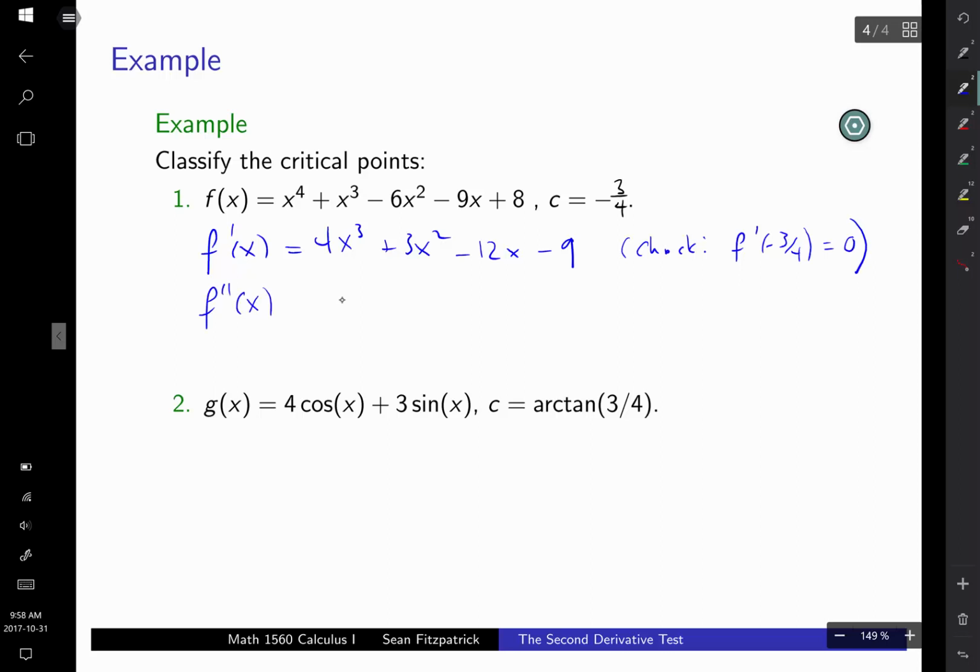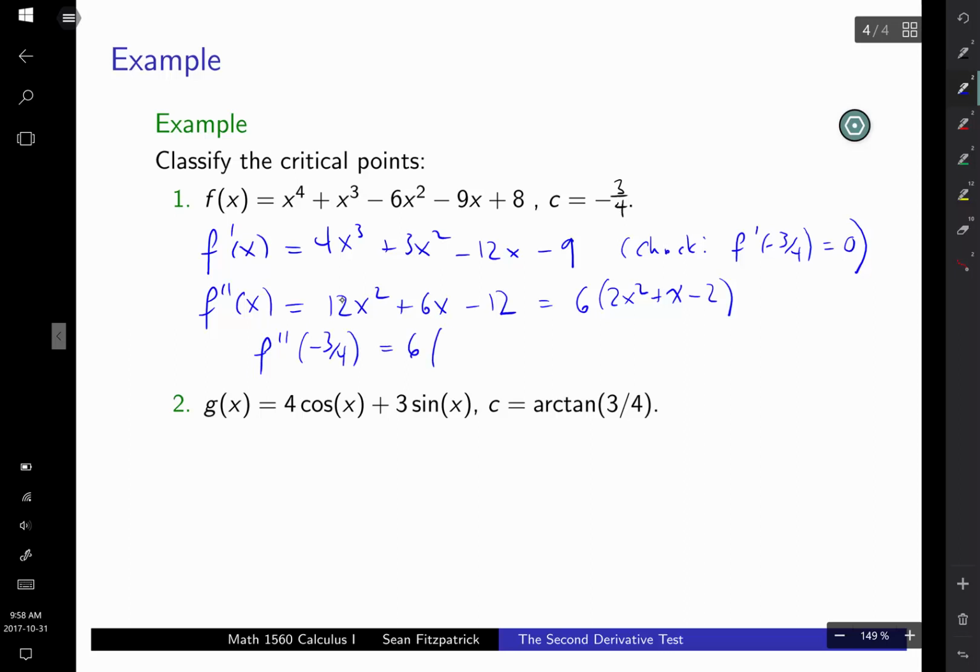F double prime, we get 12x squared plus 6x minus 12. Okay, so 6 times 2x squared plus x minus 2.